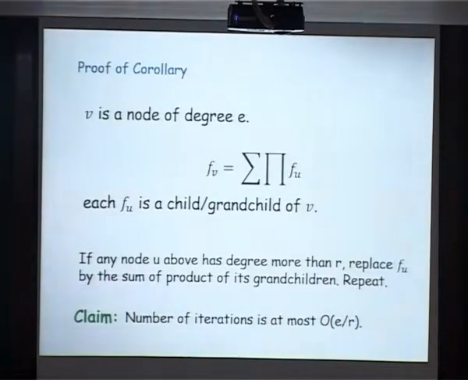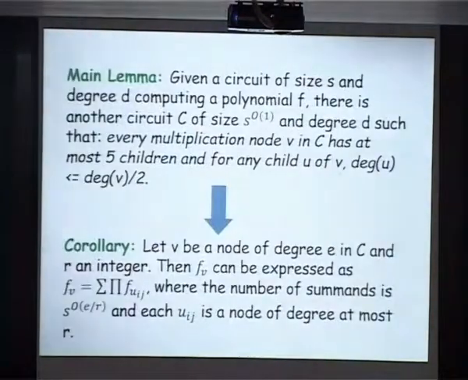In each iteration, you blow it up by a factor of at most s squared, so overall, you get s to the order E by R many summands here. So this proves the corollary.